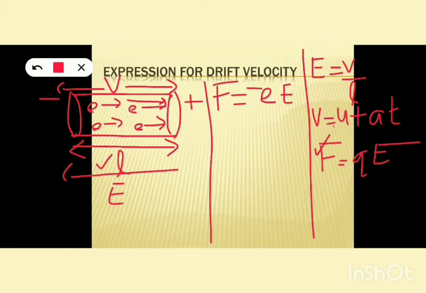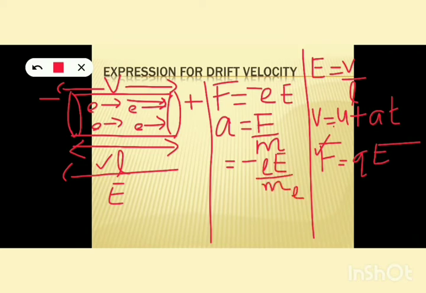And if there is a force, there will be acceleration. So due to this force, there will be an acceleration, and that acceleration a will be equal to F by m. You know, F is equal to m a. Therefore, acceleration is equal to minus e into E divided by m. This m means the mass of the electron.